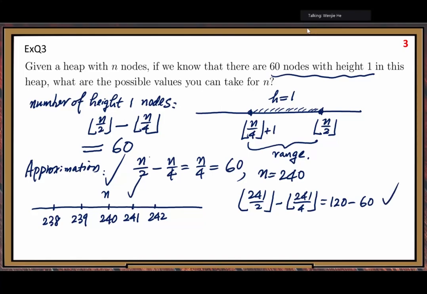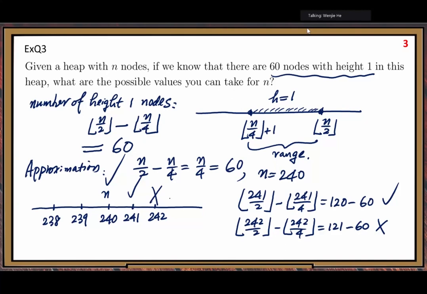Now 242. 242 over 2 is 121, minus 242 over 4 floor function, still 60, so it doesn't work. So we can stop. When we extend to the right, we can stop at 242.